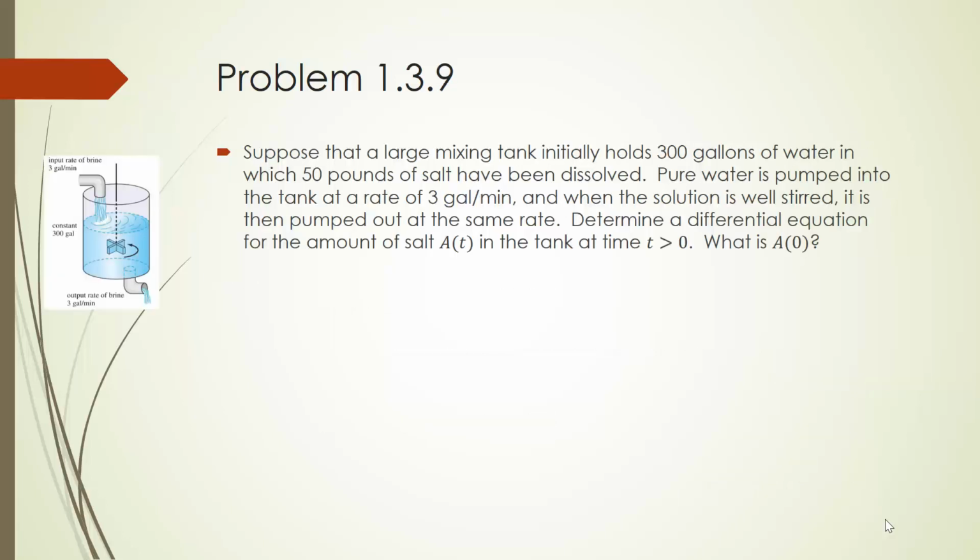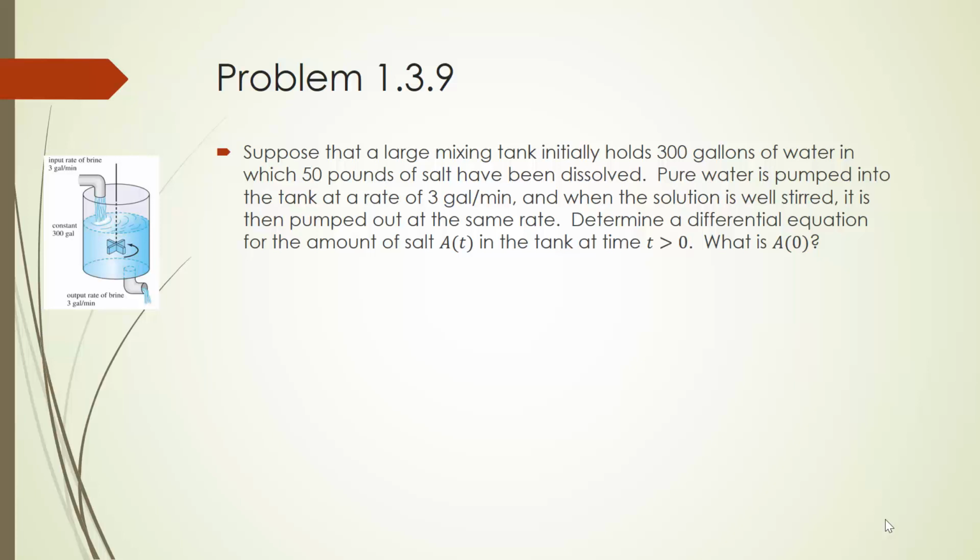Let's take a look at the next problem, number 9, and this is a mixing problem. Suppose that a large mixing tank initially holds 300 gallons of water and 50 pounds of salt has been dissolved. Now, pure water is pumped in at the rate of 3 gallons per minute, and when the solution is well stirred, it is then pumped out at the same rate.